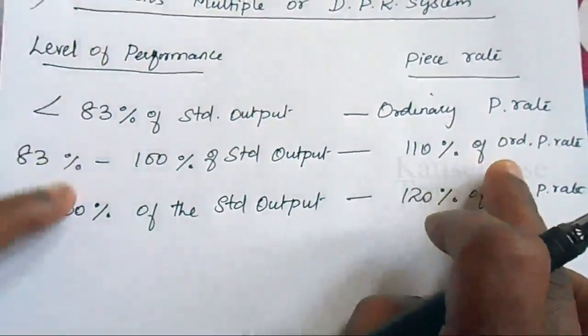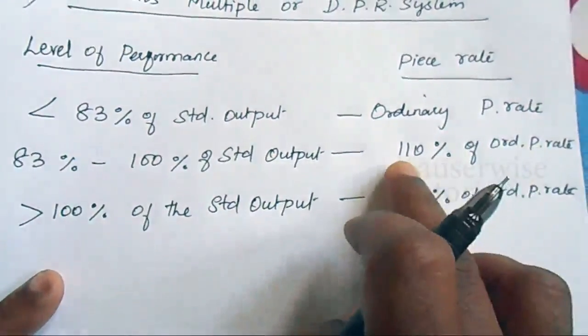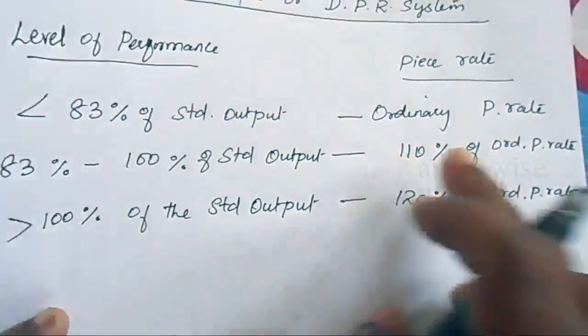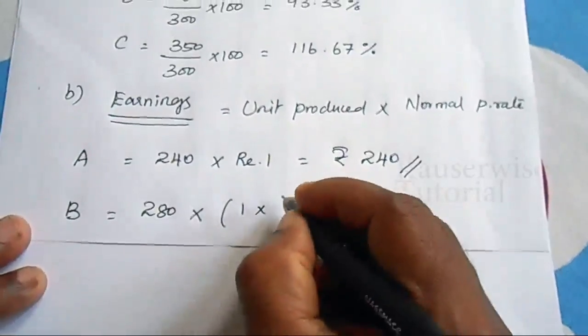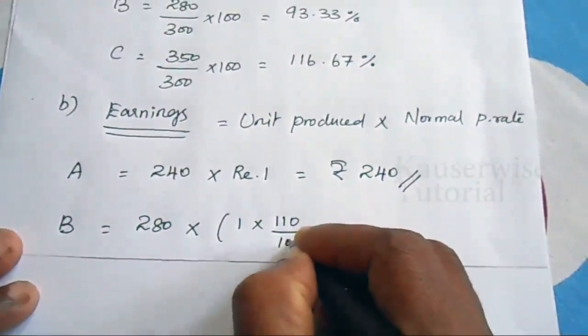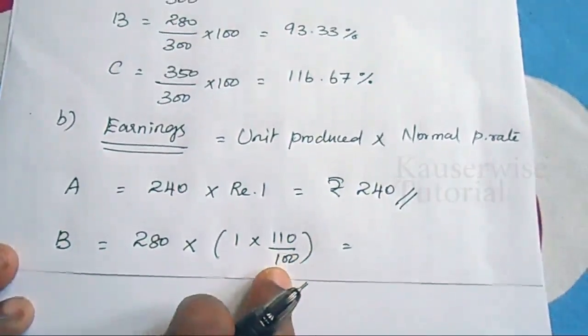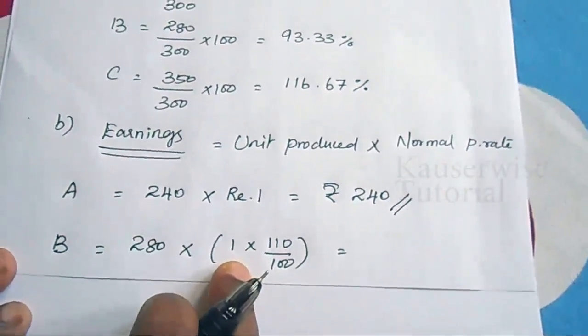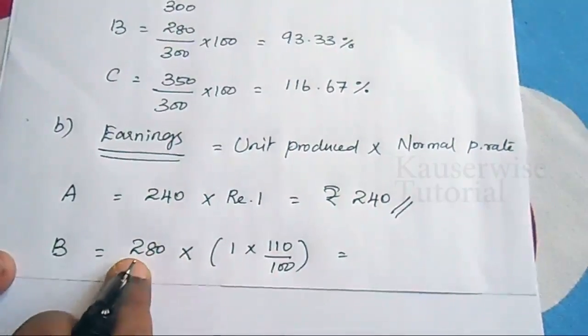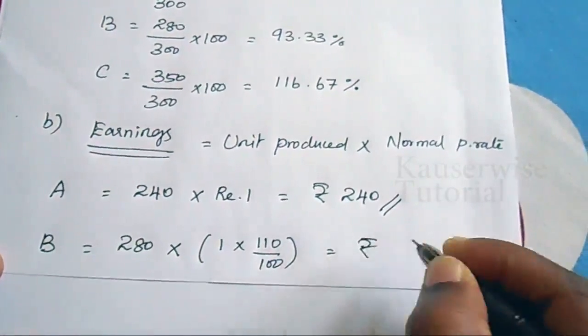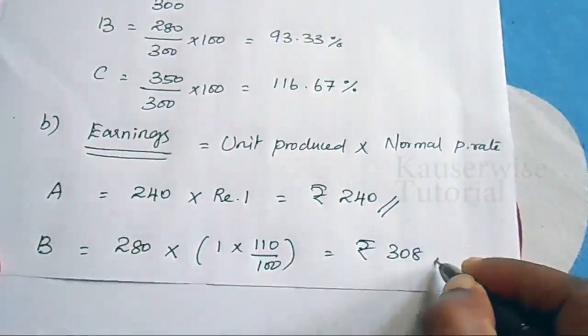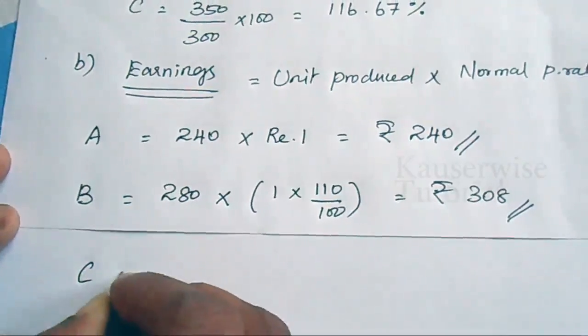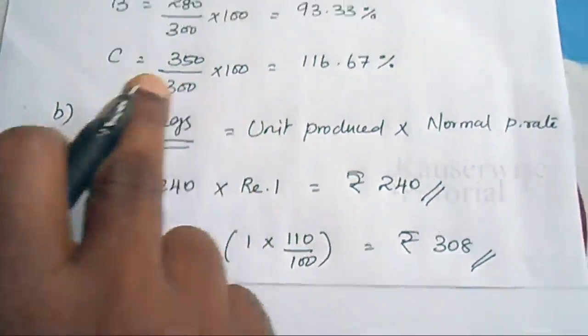So what is the ordinary piece rate? 1 rupee, no. In that 110% is applicable. 1 rupee into 110%. 110 divided by 100 is 1.1. Just multiply 1.1 into 280. Rupees 308.